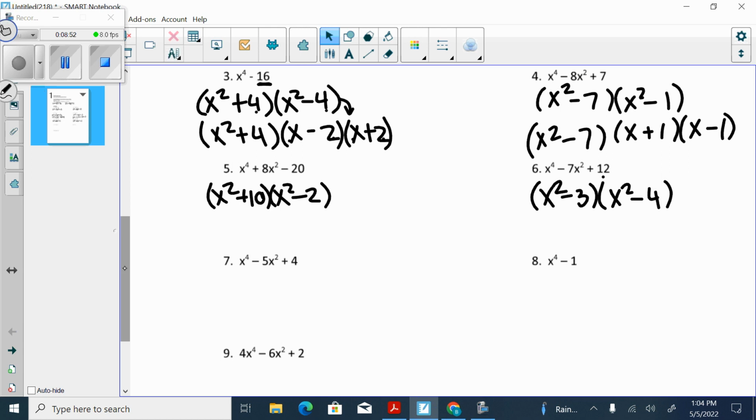Okay, anything that will multiply to give me 3, add to give me 0? No. So I'm going to bring that one down exactly as it is. Anything that will multiply to give me -4 and add to give me 0? Yes, what? 2 and -2. Very good. So I'm going to factor that into x plus 2 and x minus 2.